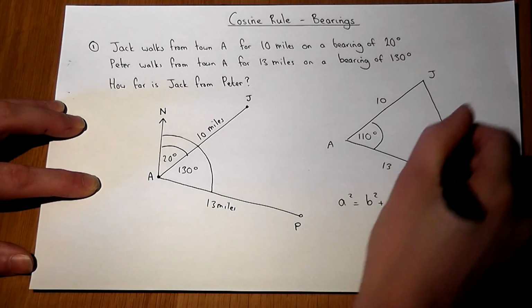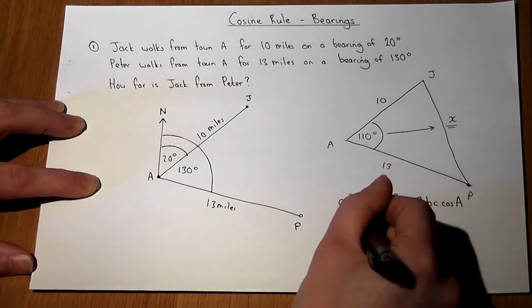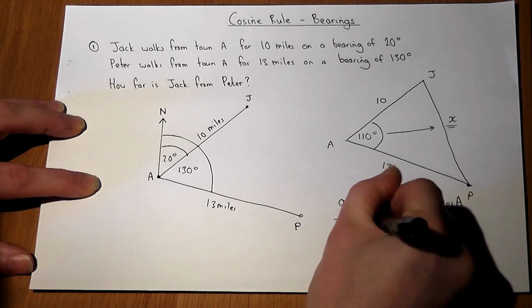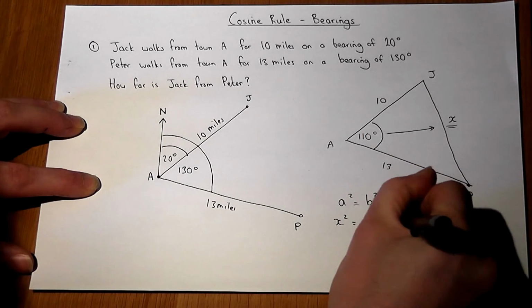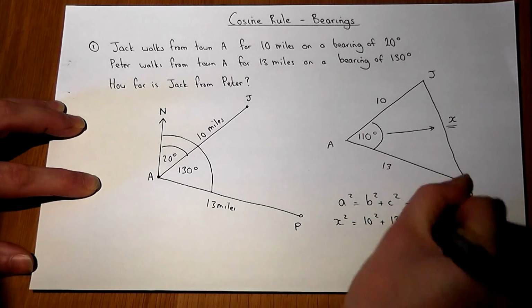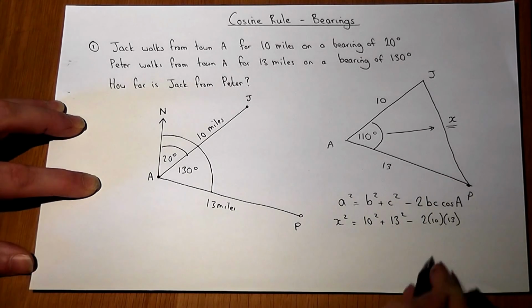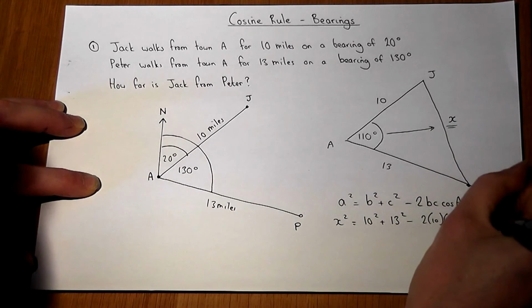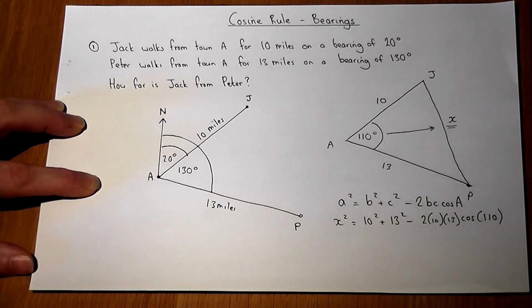Now we want to find out what x is, and that's opposite the angle. So x replaces the a in this formula. Now b and c are the other two sides. Take away 2 times 10 times 13 times cos of the angle. So there we go.